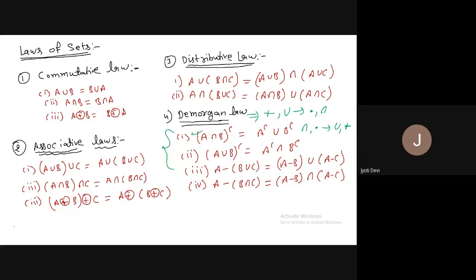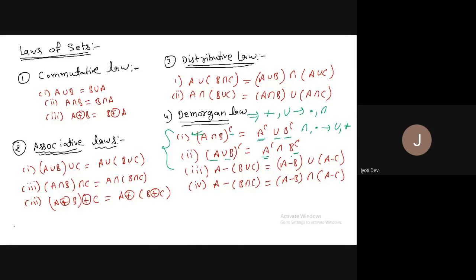I take the example: A intersection B whole complement gives A complement union B complement, and A union B whole complement gives A complement intersection B complement.